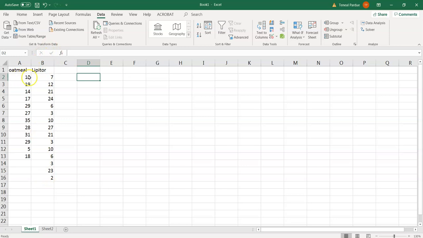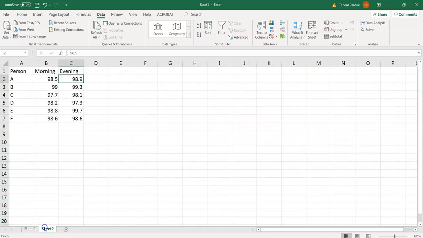So there's nothing here that says this first observation is lined up with this first observation. In fact, these are two completely different individuals. We've got this group of people taking oatmeal, and this is a completely different sample from the group of people taking Lipitor. So this would be an example of independent samples data, whereas this one over here would be paired.